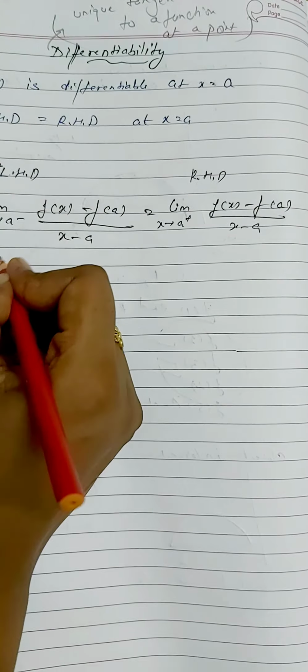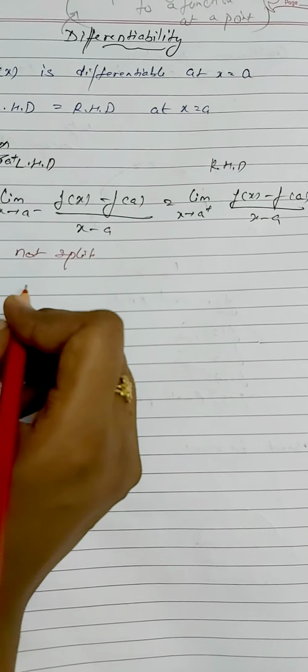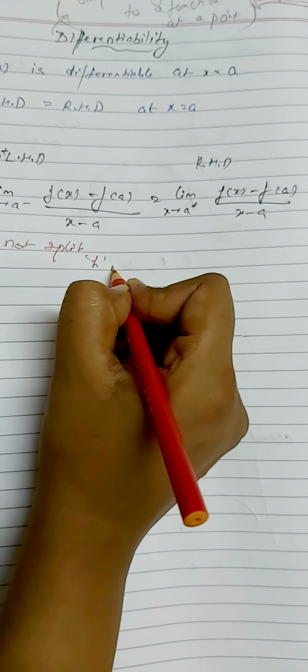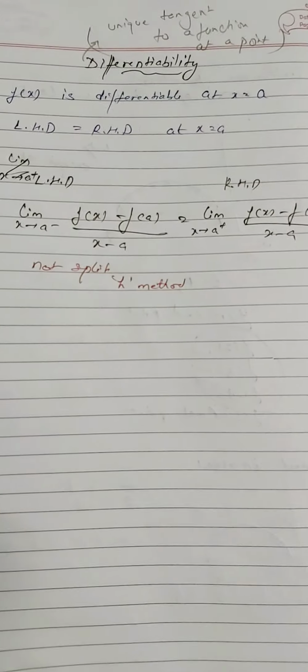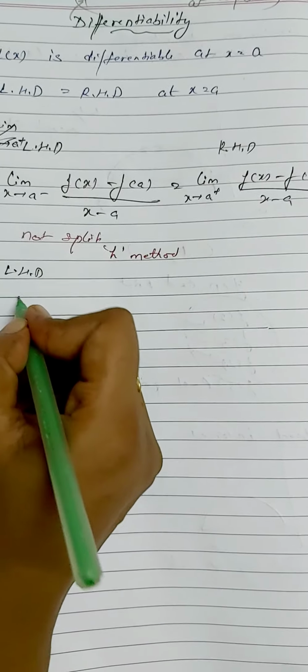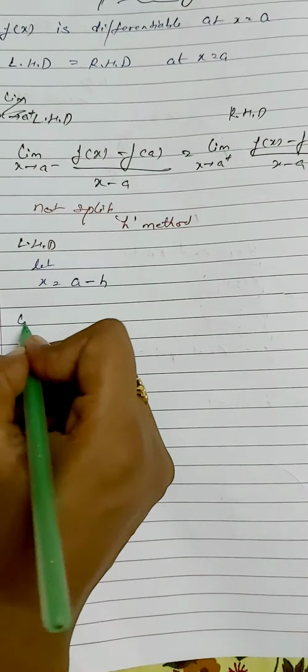Suppose the function is not split. When the function is not split, we will use the h method. For the left hand derivative, let x equals a minus h, so h tends to 0.